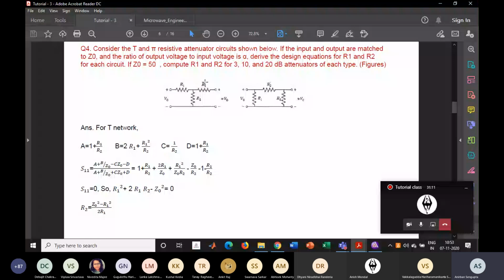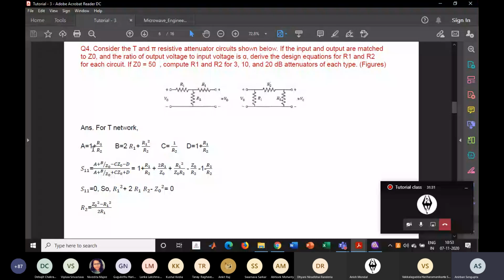So calculate the ABCD parameters of the separate networks, multiply them, and you will get the overall one. The steps are not shown here. It is already given in the book, in David Pozar's book, that for a series impedance Z, what are the ABCD parameters?